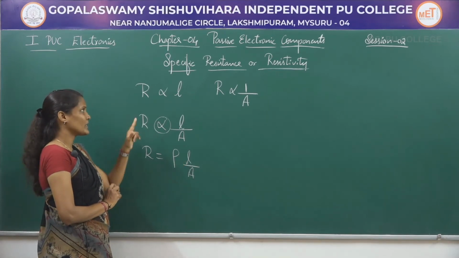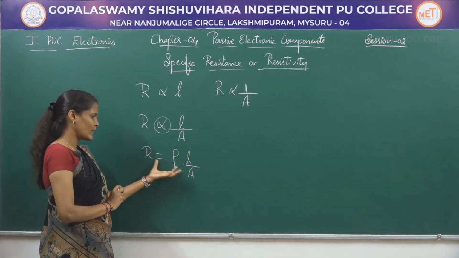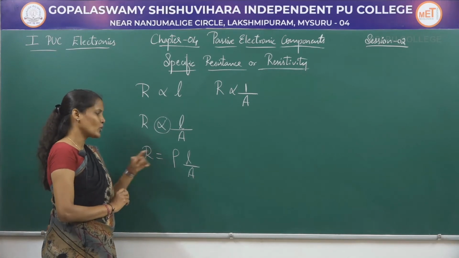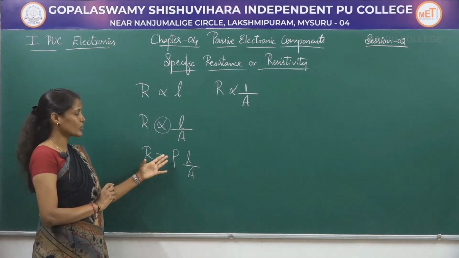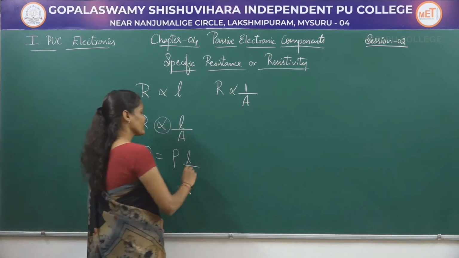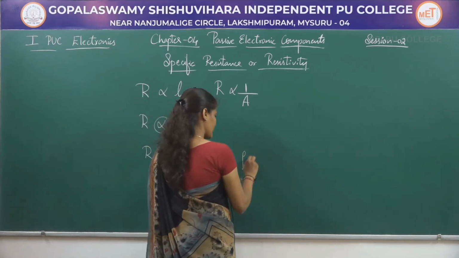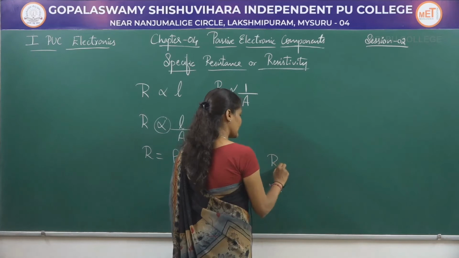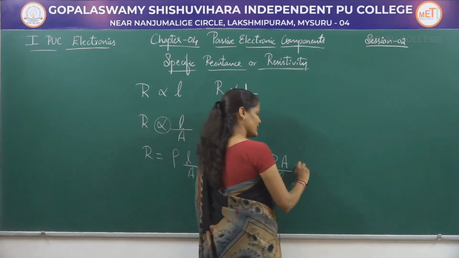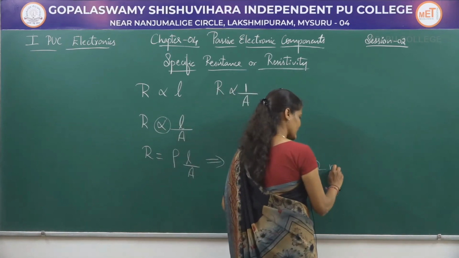So the specific resistance or the resistivity is given by this formula, R is equal to rho into L divided by A, where rho is called as the proportionality constant, rho is called as the specific resistance or resistivity. When I want to calculate the SI unit for this, rho is equal to, if I cross multiply, R into A divided by L, and the unit for resistance is ohm, and the unit for area of cross section is meter square.